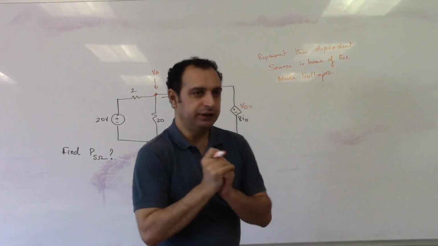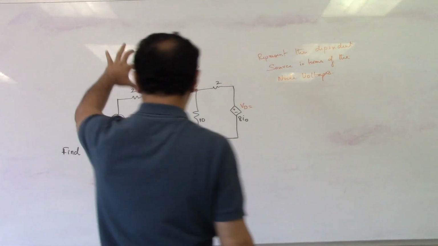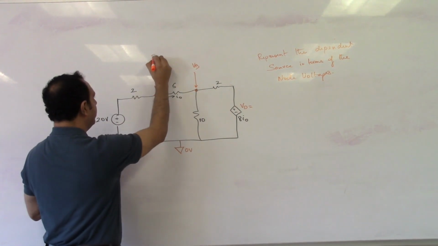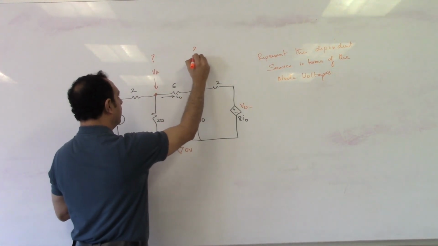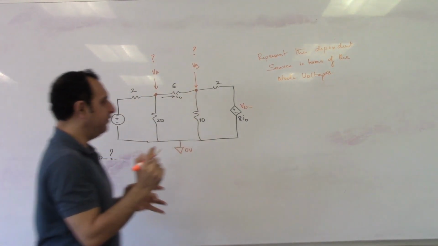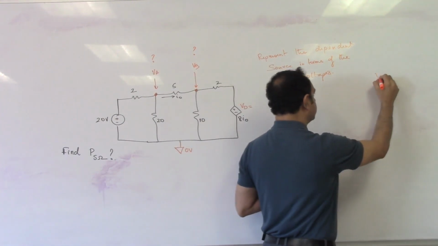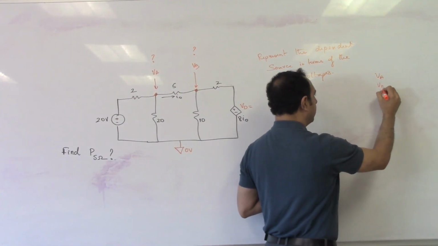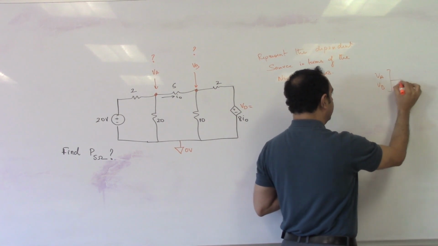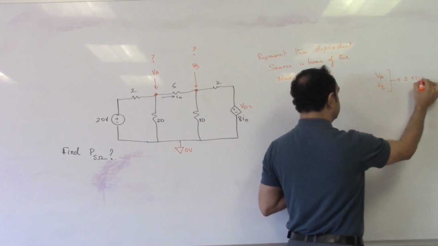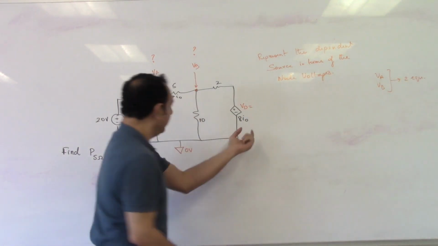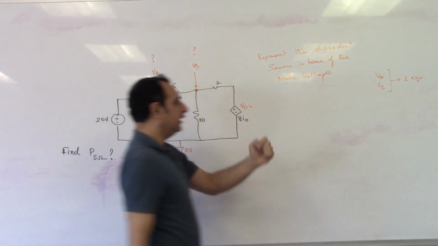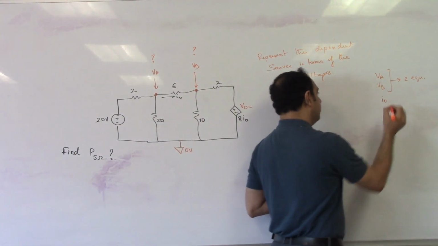Why do we need to do that? Because we have two unknowns, VA and VB. To solve for VA, VB, we need two equations. But if I include I naught as one more unknown, then I'll need three equations. We don't have three equations.